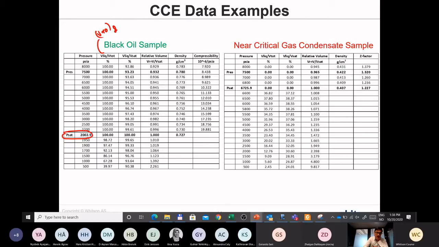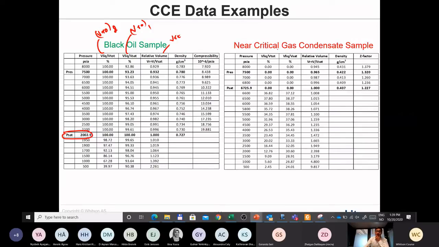So that's VRO2, and then this is our VRO1, and you can see from the values that it is not equal to 1 or 100% above the bubble point. This is relative volume, that's VRT, the relative total volume, and this is density and compressibility.